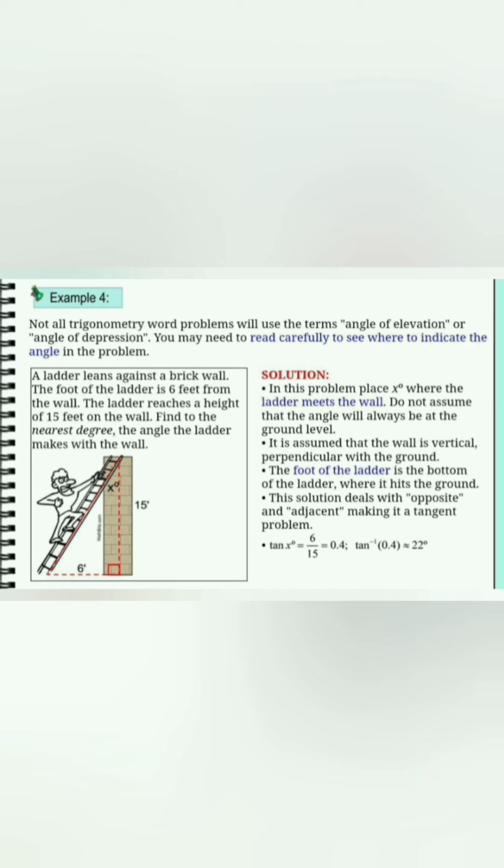So we write tangent x equals 6 over 15. Then we get 0.4. After we get 0.4, we have to move the tangent to the right side. Then it will be tan inverse of 0.4 and the answer will be 22 degrees.